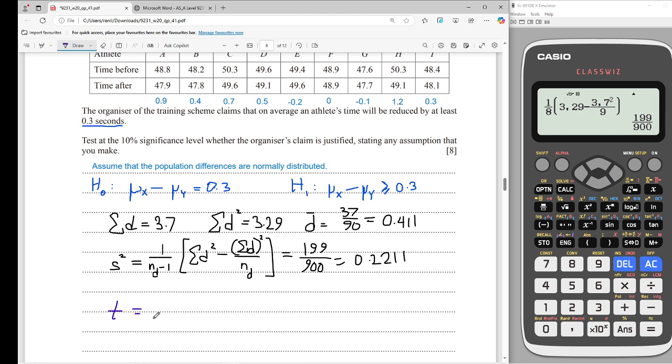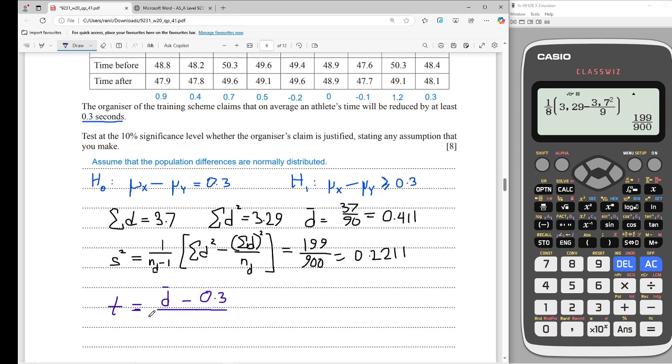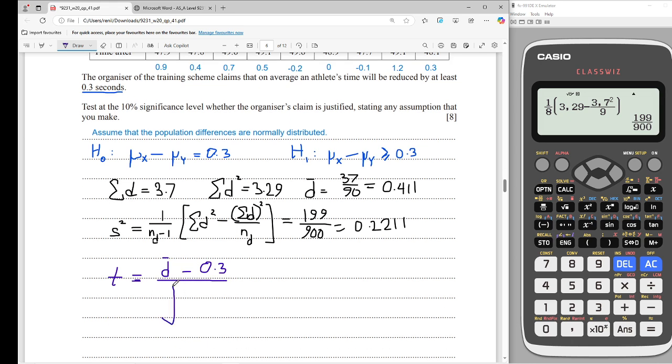Hence we have T is equal to the sample mean or the difference mean, which is D here, minus 0.3, our stated mean, whole divided by root of S2 divided by number of terms. I'll put this in as ND, but it wouldn't matter.